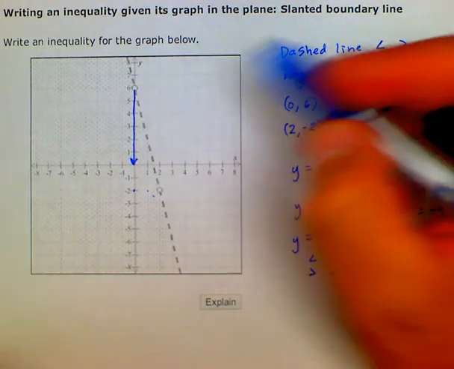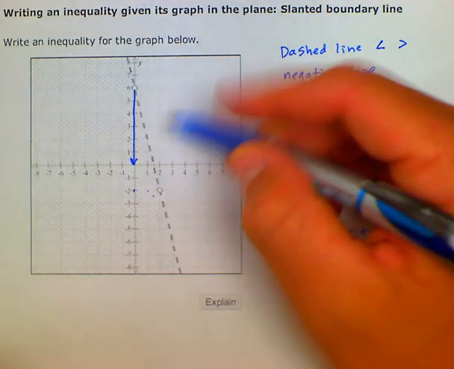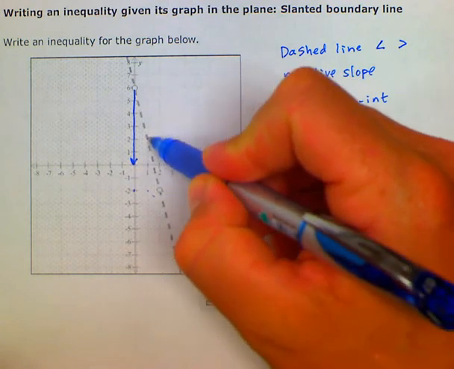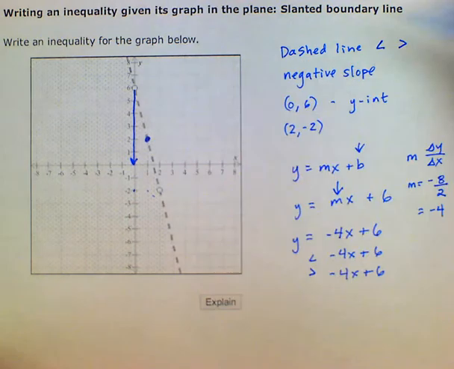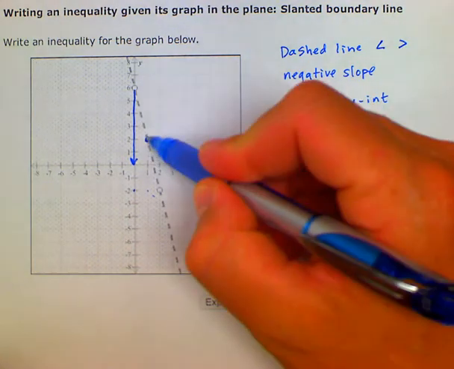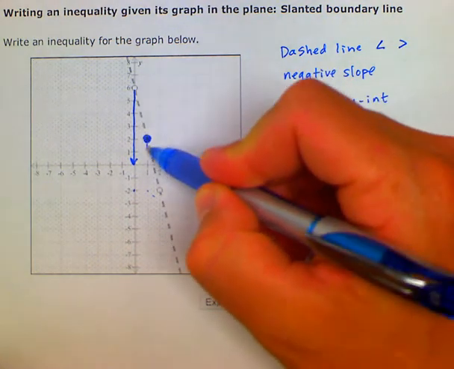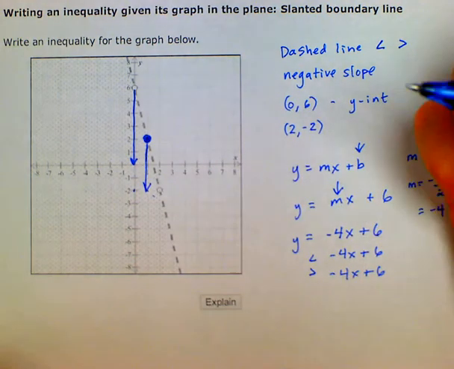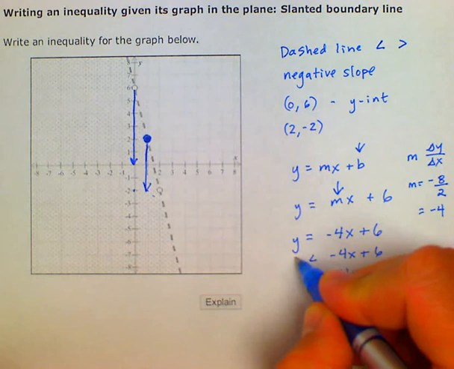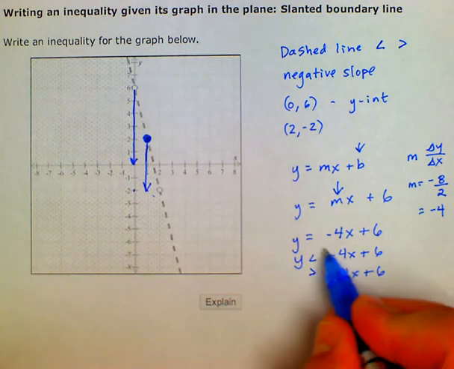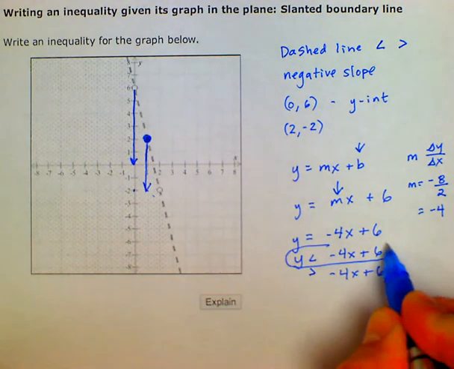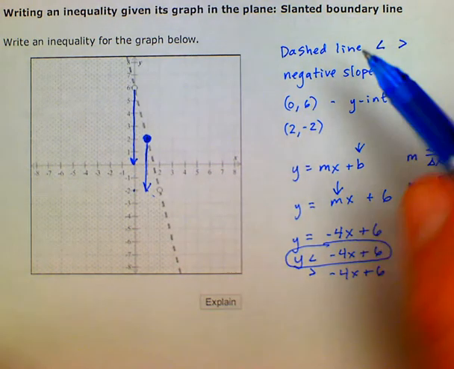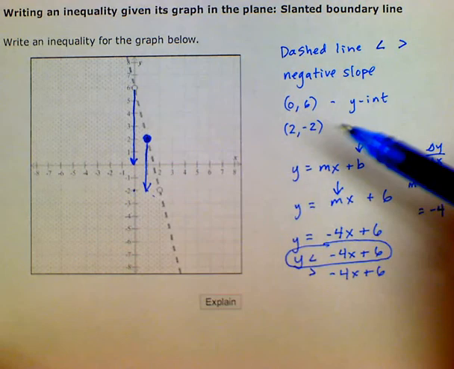And for any point that you see on the line, for example, 1, 2, this is not included. This would be an open circle, but everything less than is in the shaded region. So y is going to be less than negative 4x plus 6.